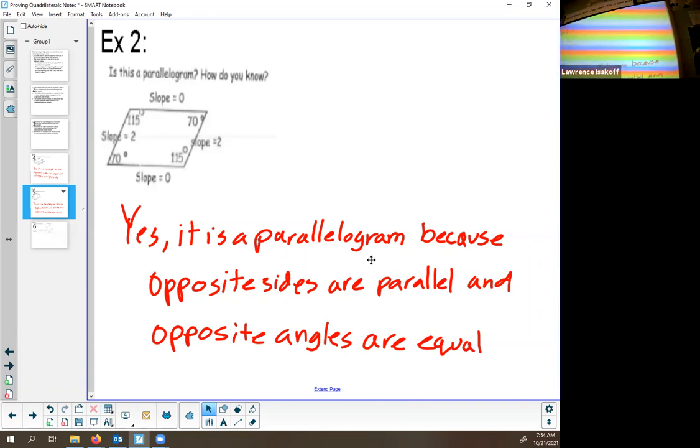There is no shadow of a doubt that this is a parallelogram based on the evidence we provide. We have now proven it. And again, like I said, proof is key here. Without proof, we don't believe you. It's that simple in math. If you don't provide the proof, the evidence, how do we know it?